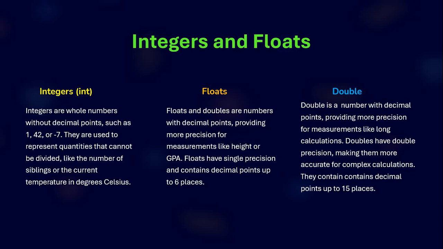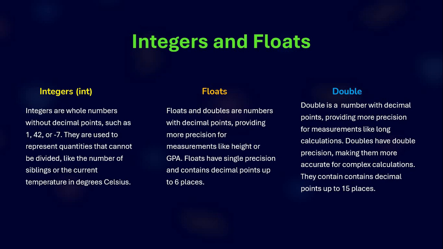Integers are whole numbers without decimal points, such as 1, 42, or -7. So remember, -7 is part of integers, ranging from negative infinity to positive infinity. They are used to represent quantities that cannot be divided, like the number of siblings or the current temperature in degrees Celsius.